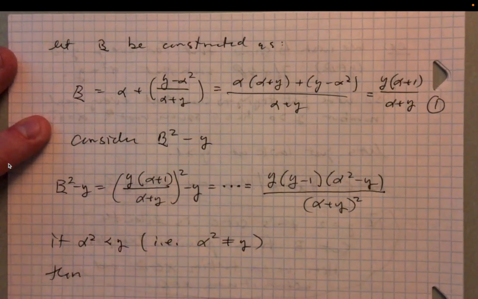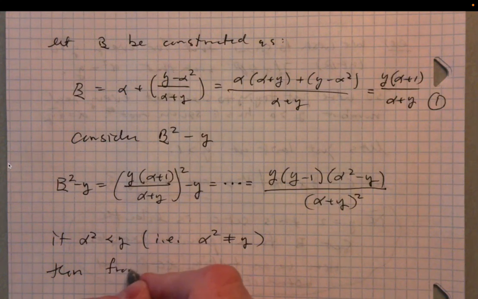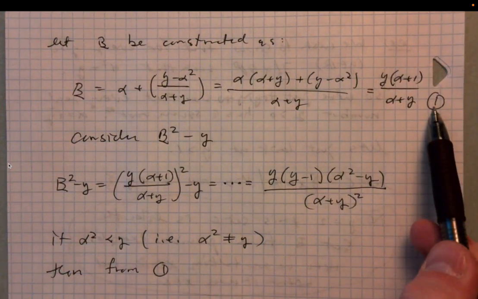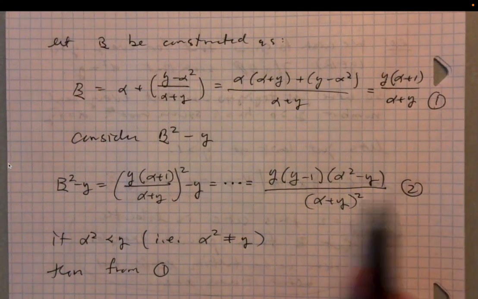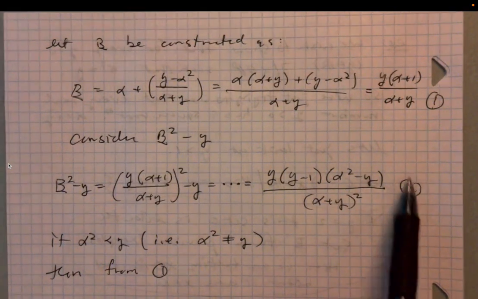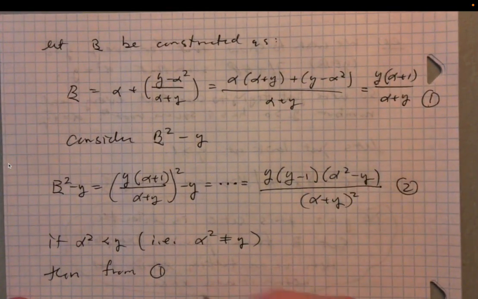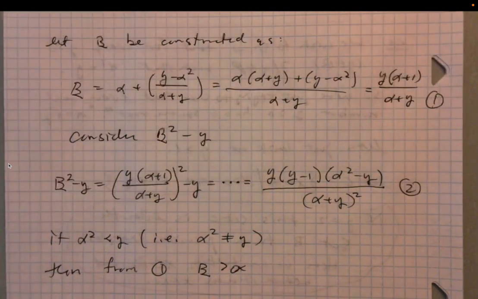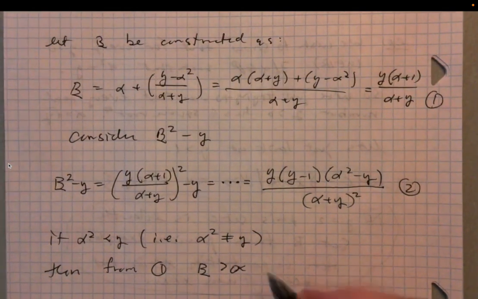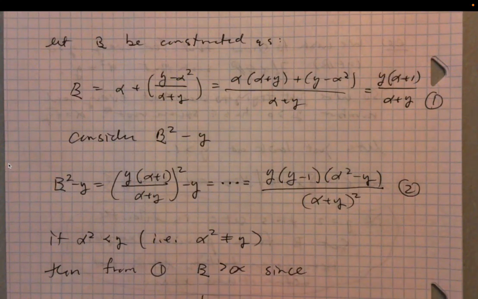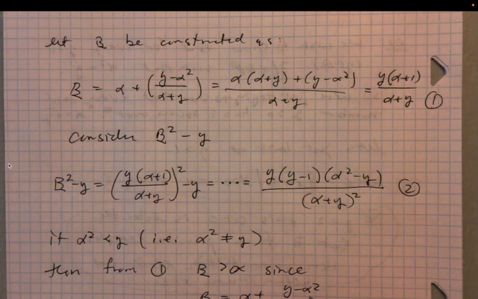We'll call this 2. From 1, we can see that beta is greater than alpha, since beta equals alpha plus y minus alpha squared over alpha plus y.